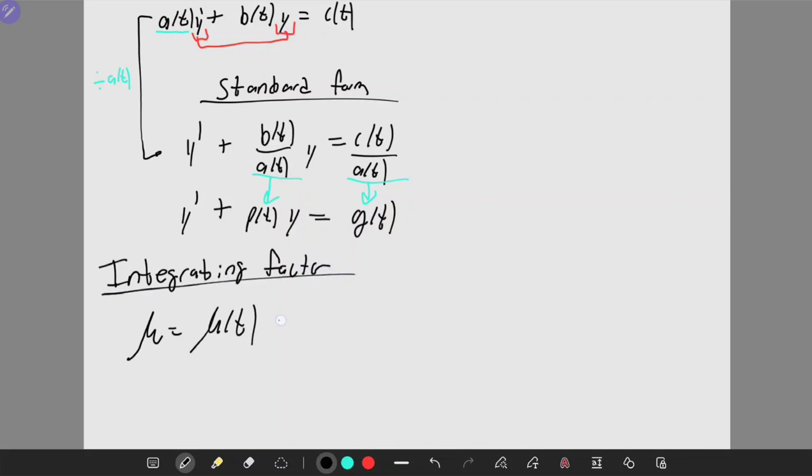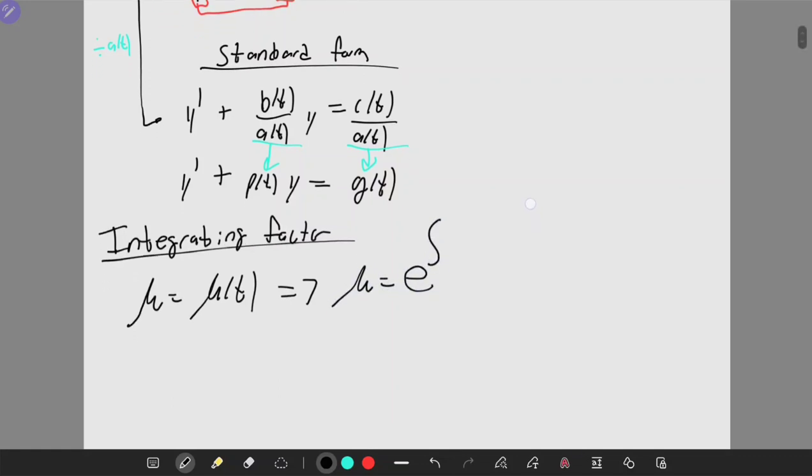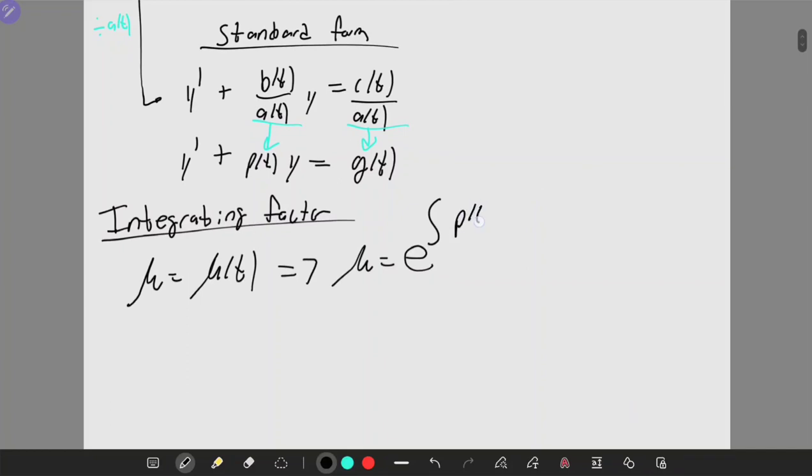Mu is equal to e to the integral of p of t dt. And yes, this is the same p of t as up here. We take the p of t from our standard form and we plug it into this formula here to solve for our integrating factor.